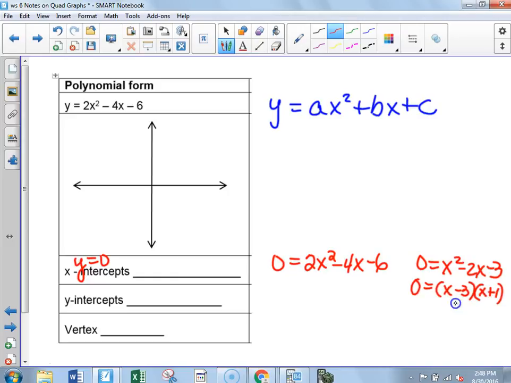Did I do it right? So where are the x-intercepts at? Yes. The x values are 3 and negative 1, and I would like you to write them as ordered pairs. So it would be (3, 0) and (-1, 0). And this is going to be a very rough sketch.